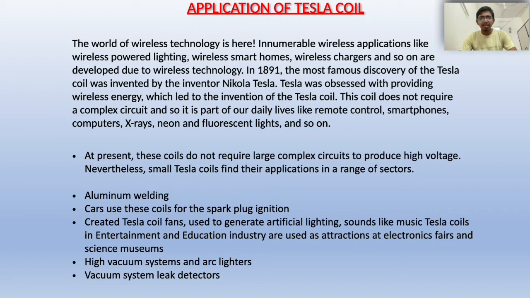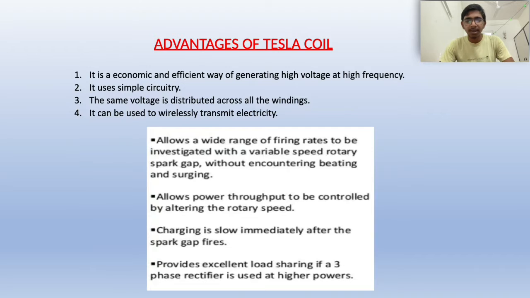We use these Tesla coils in aluminum welding, artificial lighting, spark plug ignition in cars, high vacuum tubes, arc lighters, and many more. The main advantage of this device is that it has simple circuitry and it's an economically efficient way of developing wireless power transmitters.